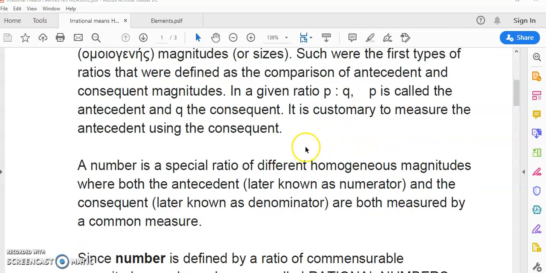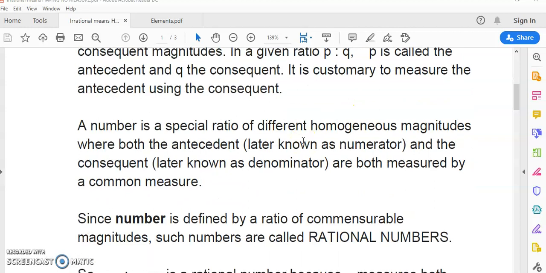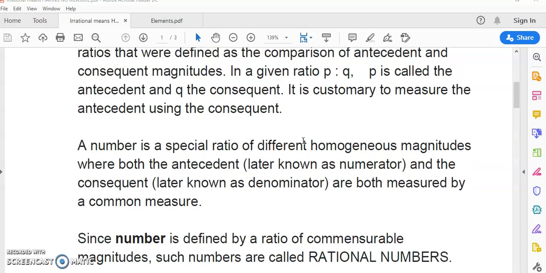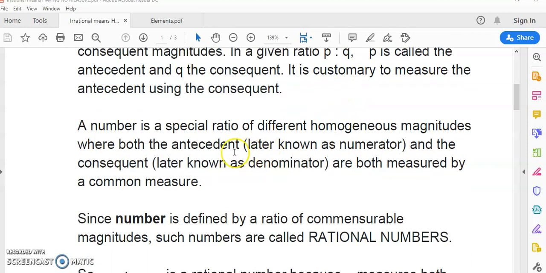Then it is a ratio that can be called a number by graduating this notation to P over Q. Okay, so P over Q with the vinculum in between is the number. I'll give an example shortly.